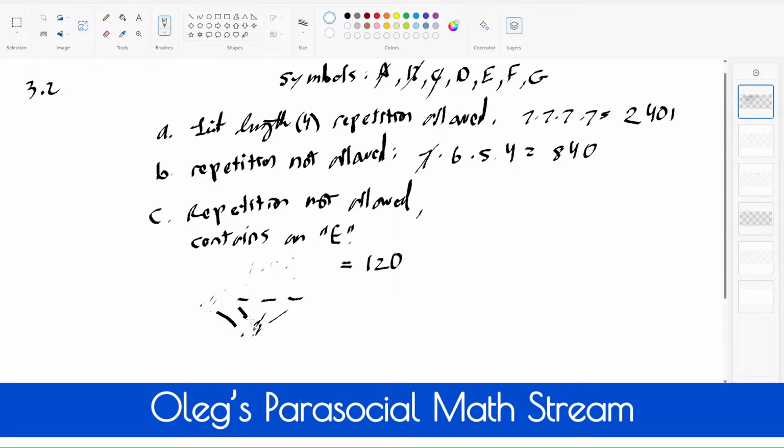I'm just going to redo it here. If E was right here, that's going to be 6, 5, 4 options. If E was right here, it would be 6, 5, 4 options, like that.